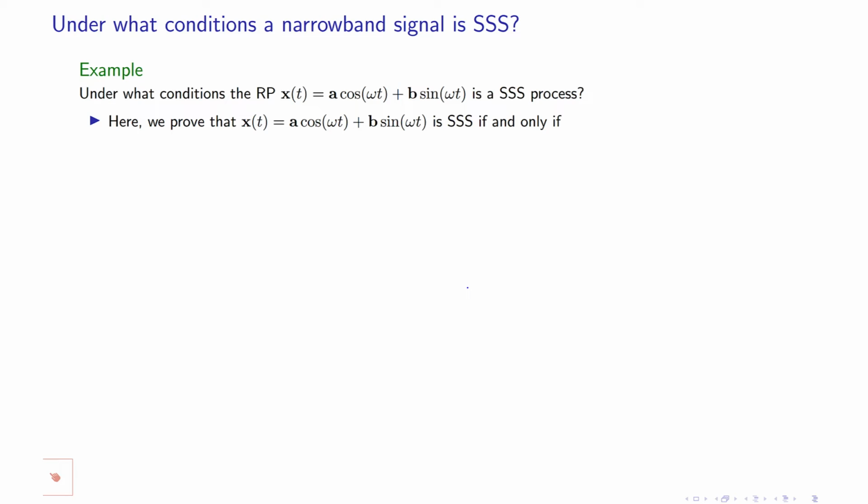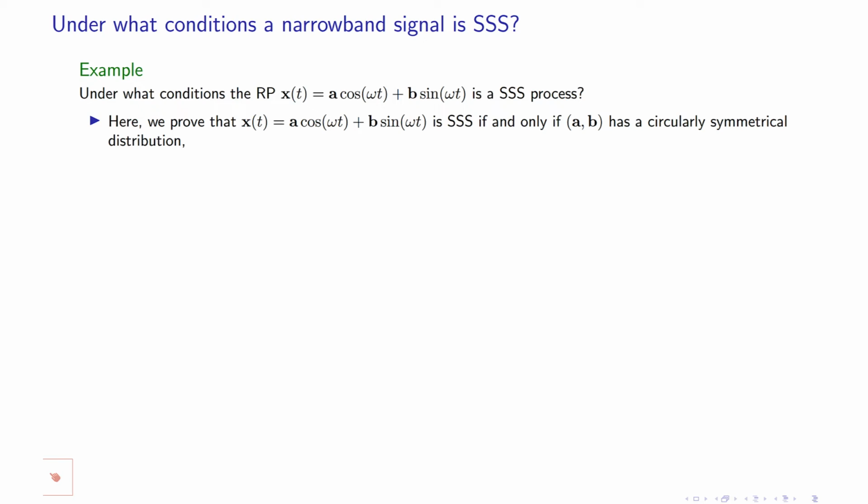We know that strictly sense stationary is the strongest sense of stationarity, so it should be wide sense stationary. So the conditions in the previous slide should be satisfied. But that is not sufficient for SSS.